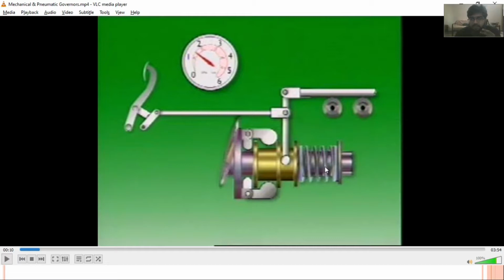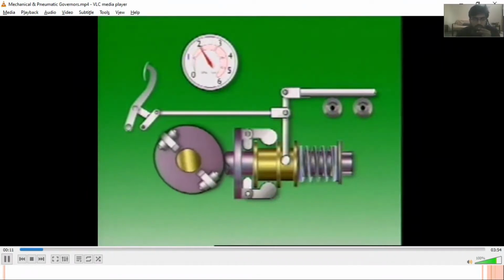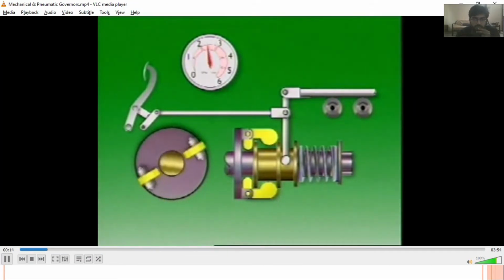Similarly, this is the control rack which is operating the fuel pumps, the amount of the fuel which is being injected into the combustion chamber. A mechanical governor uses rotating flyweights to control movement of the fuel control rack against a spring.